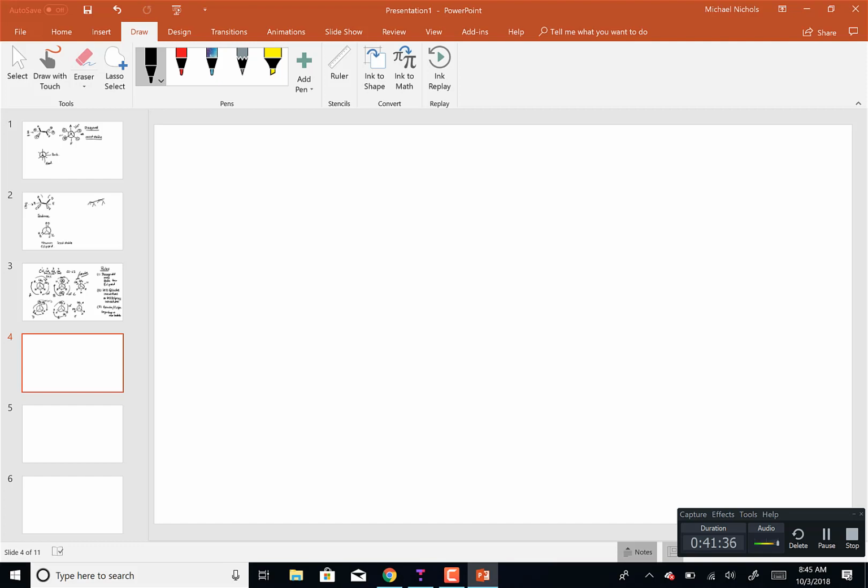So let's say, what do I want to do here? How difficult do I want to make this? Let's start with a hexane.